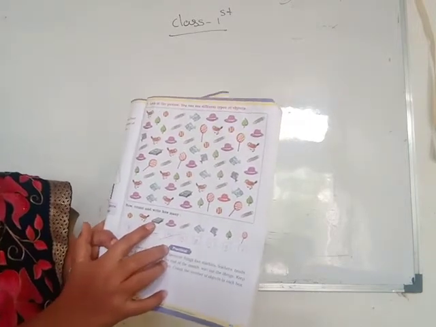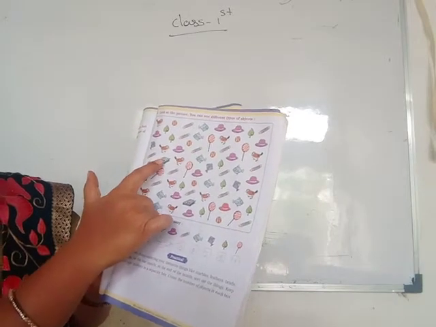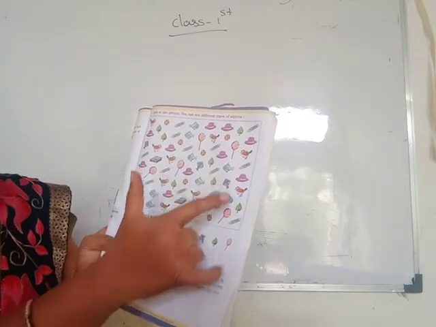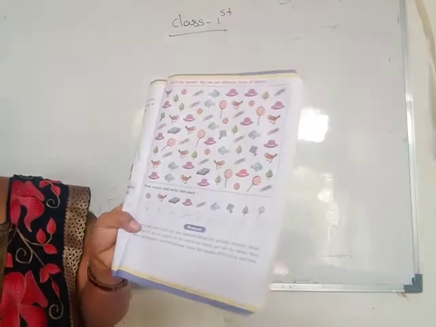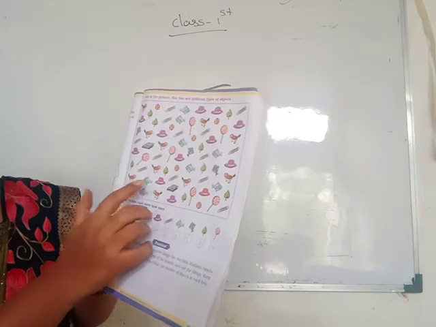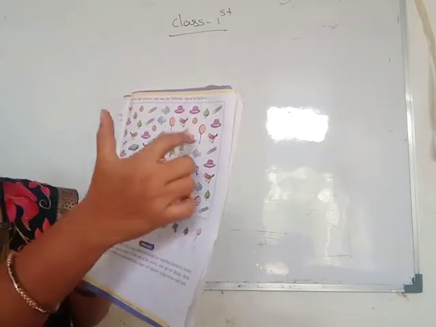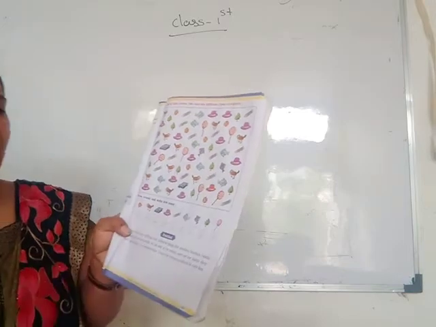Then next one picture, you see here book. How many books in this picture? 1, 2, only 2 books. Then next one picture, you see here cap. How many caps? 1, 2, 3, 4, 5, 6, 7, 8, 9, 10, 11, 12 caps.